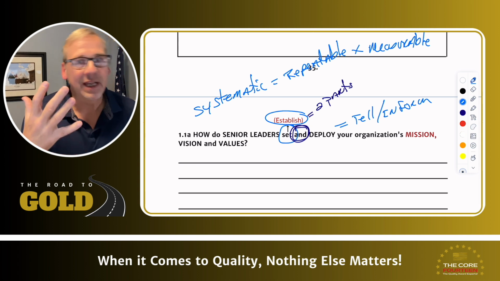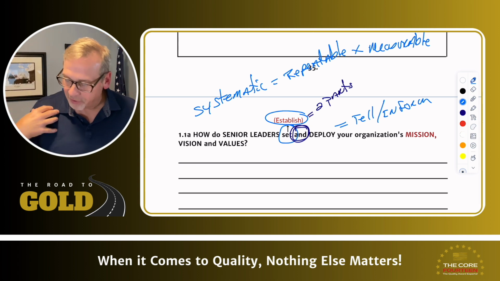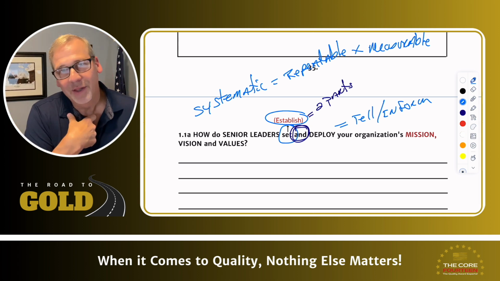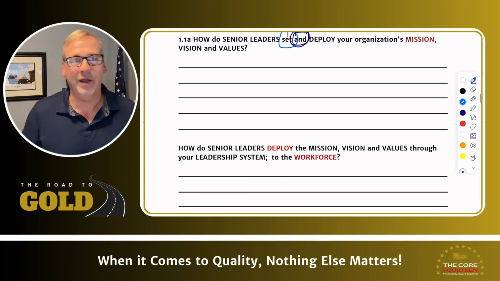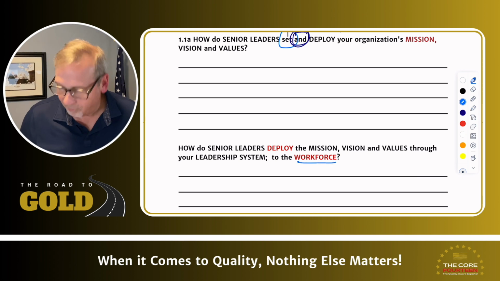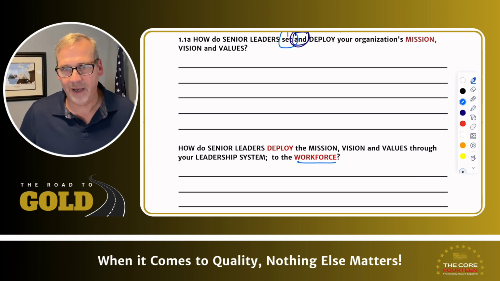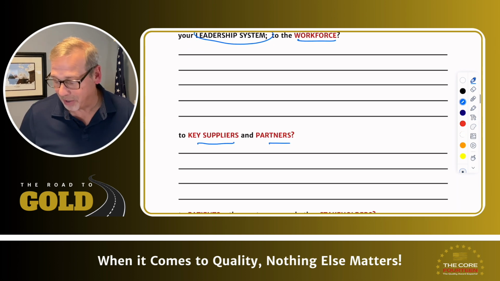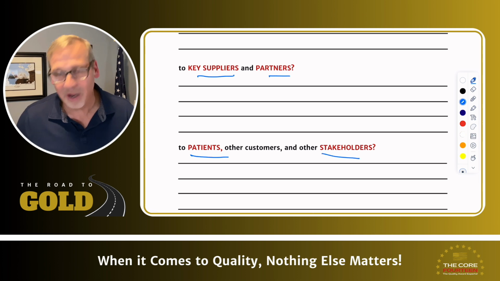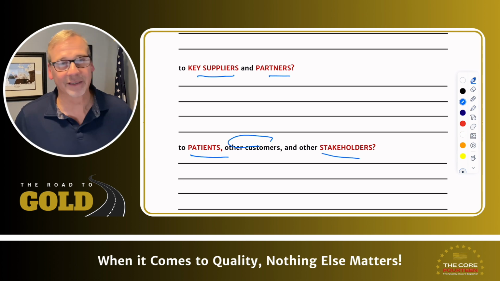The challenge that you have to come up with through this application is not only do we want to know how you do it with your workforce, which is all I've talked about, but how do you do it through your leadership system? And how do you do it to your key suppliers and partners and your patients and your other stakeholders and other customers?